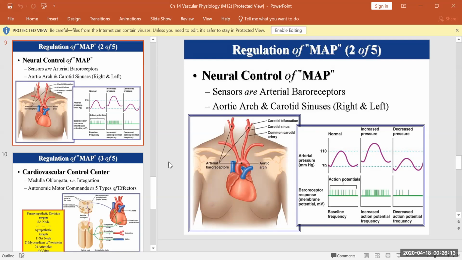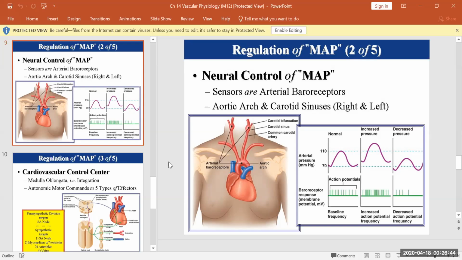Within our vascular bed, there are locations where we have receptors that are exquisitely, beautifully sensitive to fluctuations in the pressure of our blood. So they're very, very, very sensitive to blood pressure fluctuations.